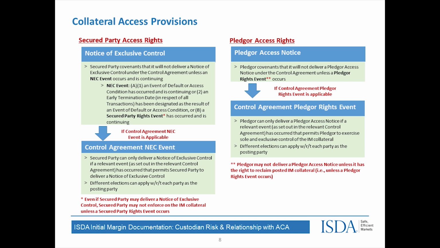So what was added to the next generation documentation was really what I would call a switch, and that switch allows parties to replace the hardwired secured party access rights and pledgor access right provisions with those that they've previously agreed in their control agreements.